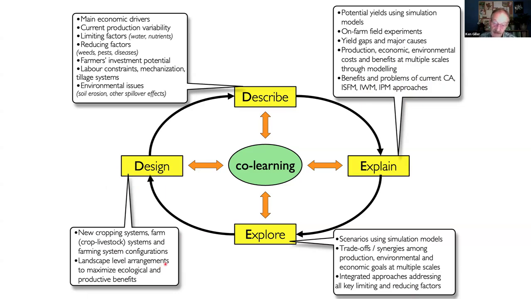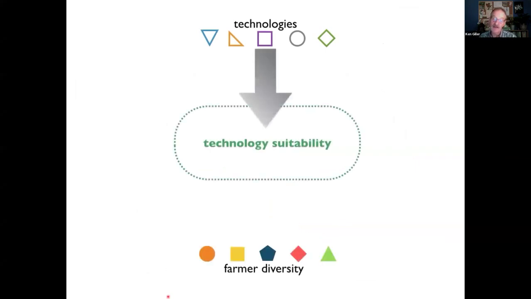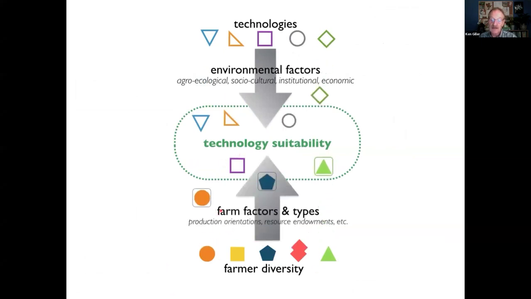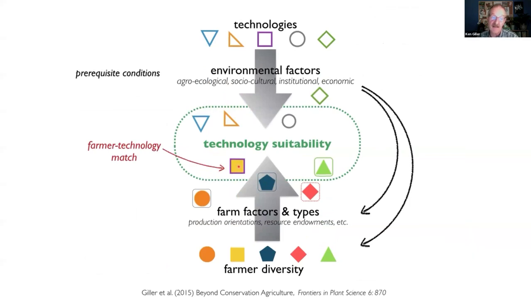And this then leads us to this idea that we've got our technologies, so in a sense, there are sort of square pegs, and we've got this farmer diversity at the bottom, different types of farms. Somewhere in the middle, we've got this suitability where the square peg meets the square hole of the right size.